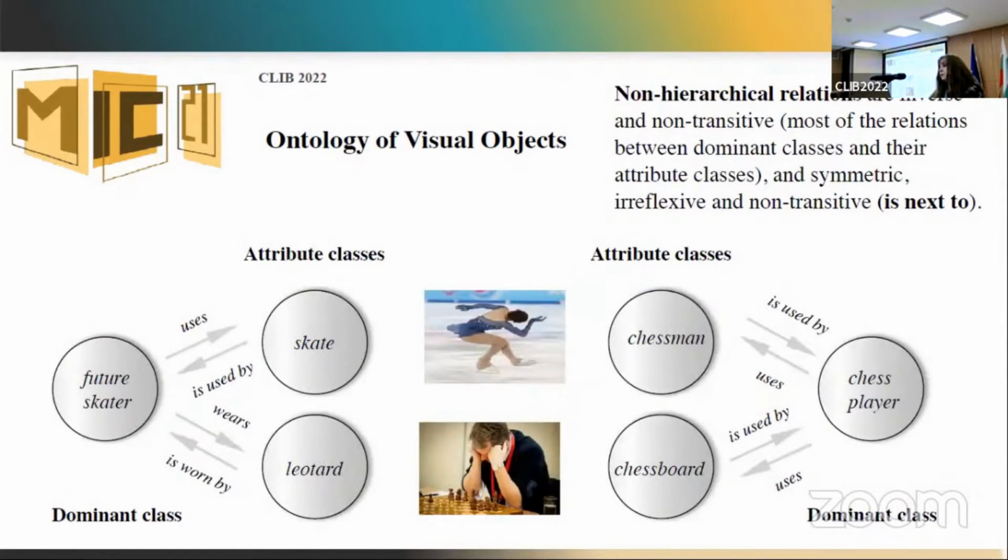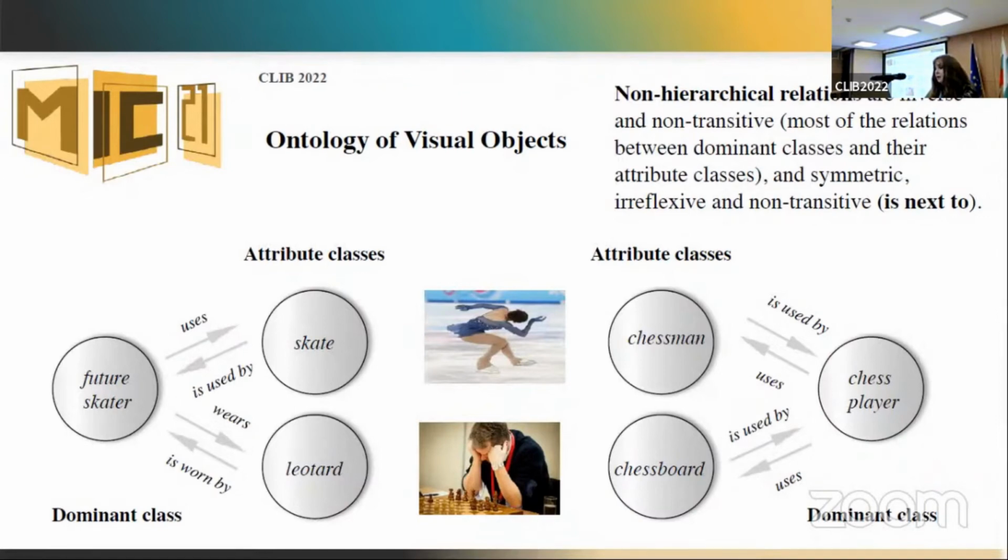Other relations which are introduced additionally in the ontology are non-hierarchical relations, and these relations describe the links between the dominant classes and their attributes. For example, something could be part of something else, or something could be an instrument with which a player can play, and so on.